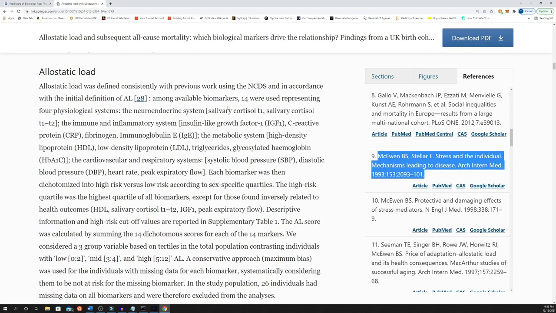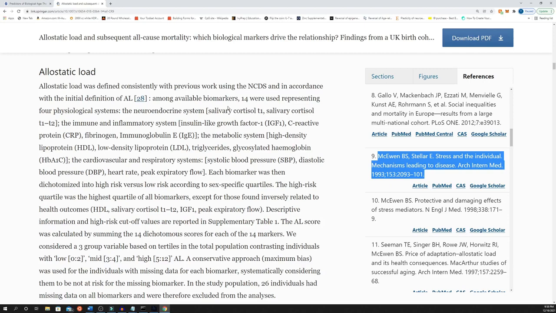So they broke it down. They ended up using 14 biomarkers representing 4 different systems. So for the neuroendocrine system, they used cortisol, salivary cortisol. For the immune system, they used IGF-1 and C-reactive protein, fibrinogen, and immunoglobulin E.